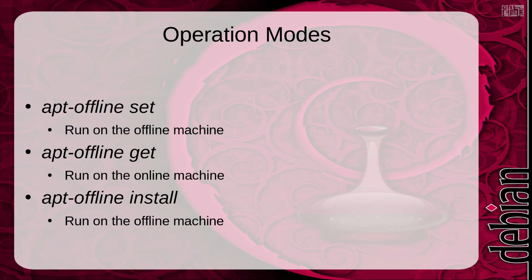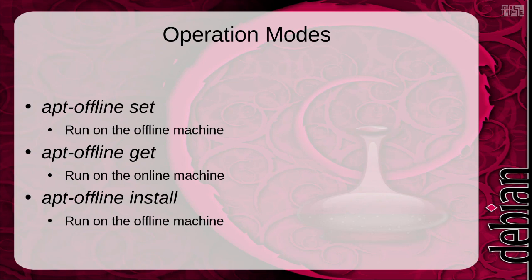Set has to be run on an offline machine running Debian or a Debian derivative, where using the set operation, you generate a signature of the work that you intend to do. The work would be something like you want to update the APT database, you want to do an upgrade of your Debian distribution, something equivalent to apt upgrade, or you want to install a package and like that.